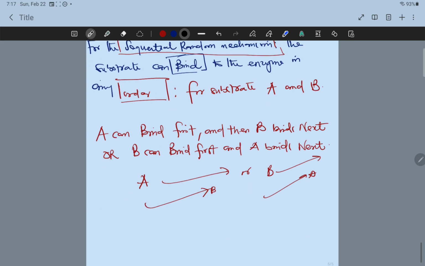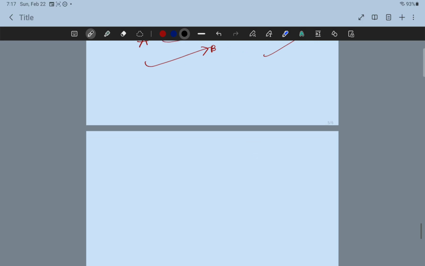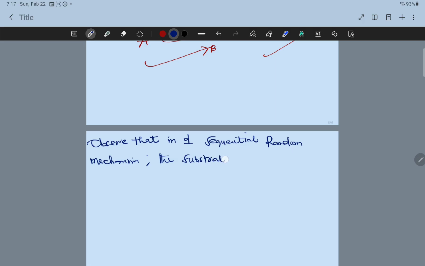Now, let's give an example quickly. In the sequential random mechanism, observe that the substrates are bound in no specific order.